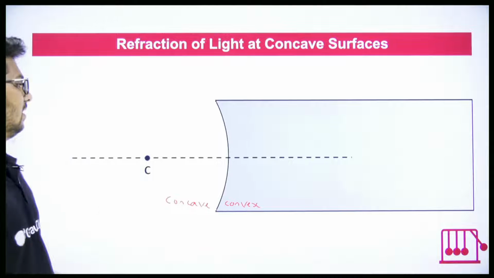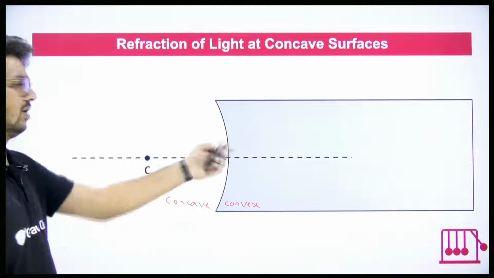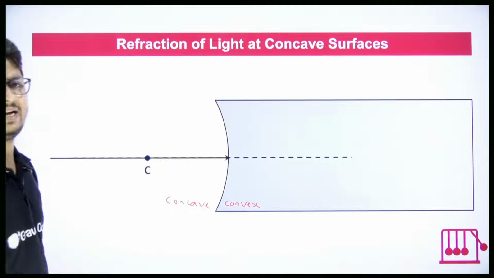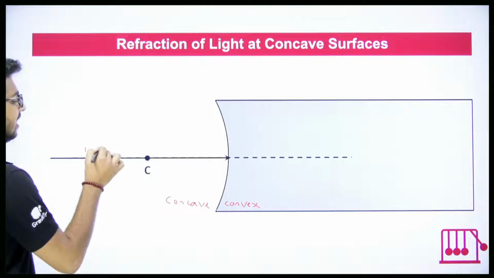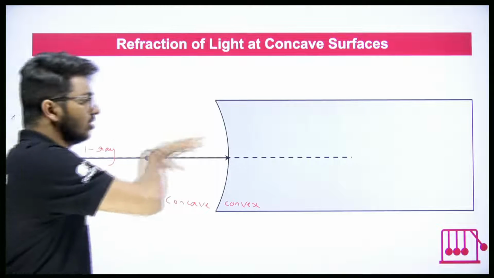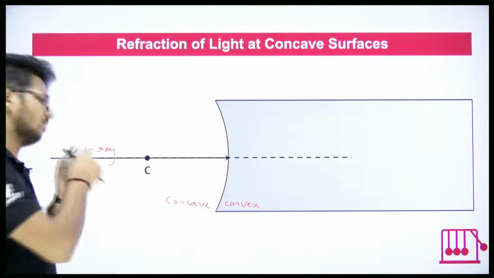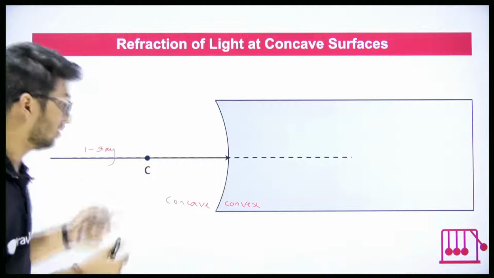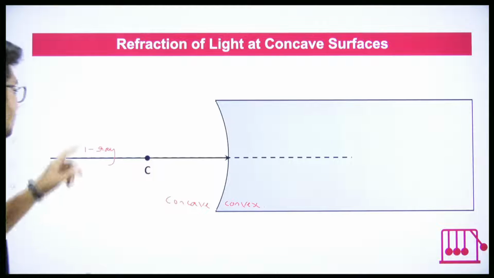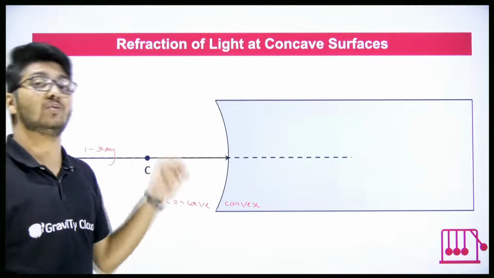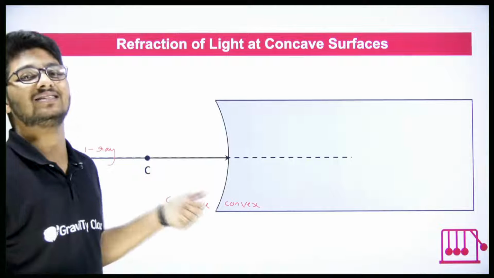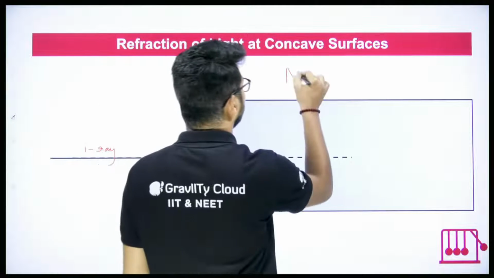And if I take a ray, let's take a ray. I first drew the normal and then I have taken the ray just to show it. So the incident ray is incident along the normal. It is passing through the center. That means it is coincident with the normal, right? That means it is the case of normal incidence.